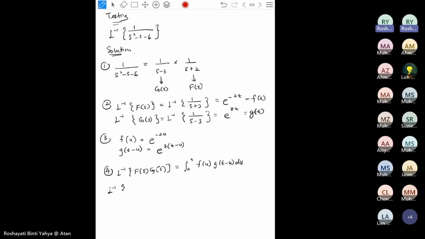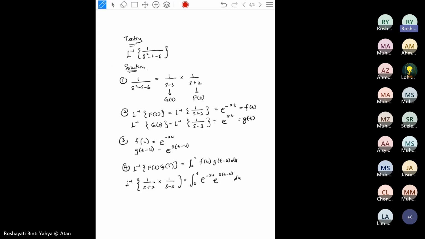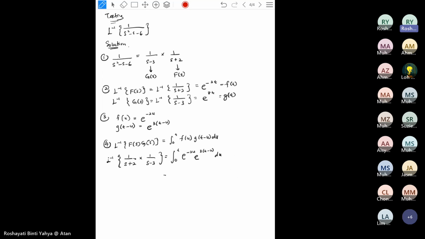So inverse Laplace transform of 1 over S plus 2 times 1 over S minus 3 equal to integral 0 to t of exponential negative 2u times exponential 3t minus u du. Okay, so integrate exponential negative 2u plus 3t minus 3u du. Negative kan?